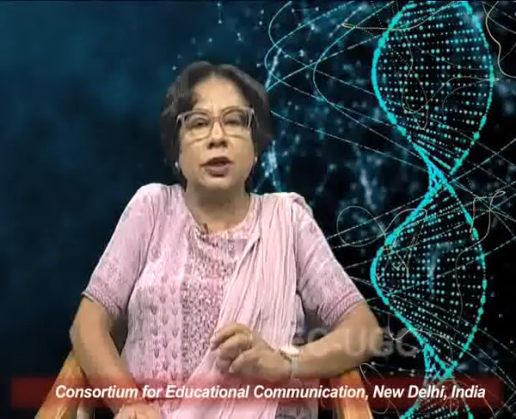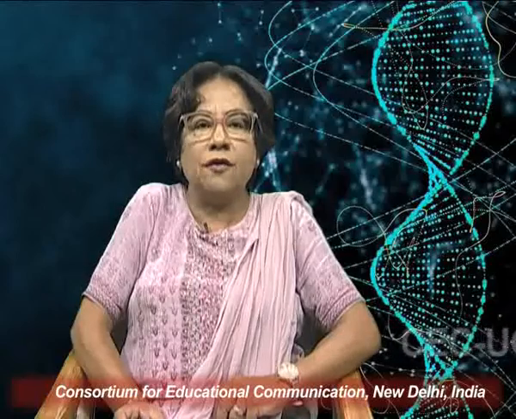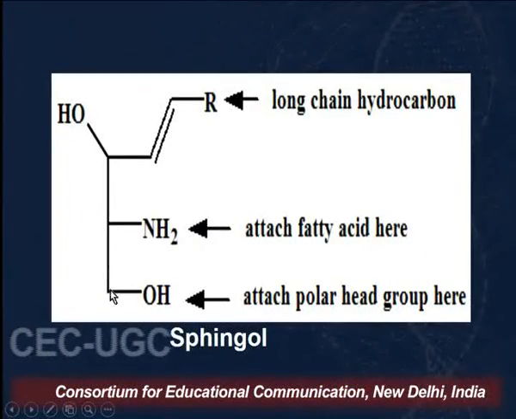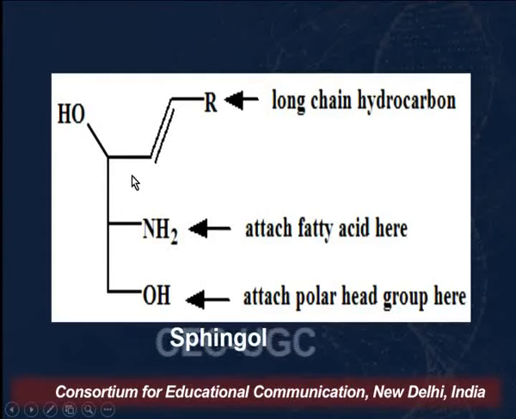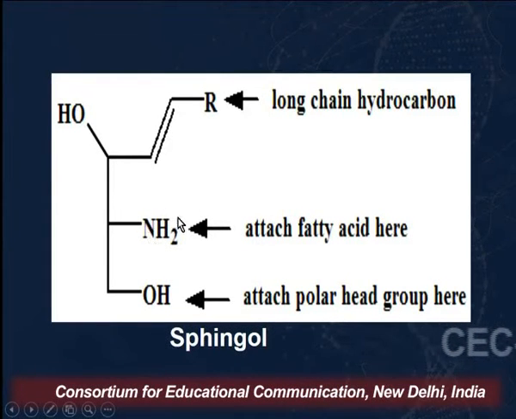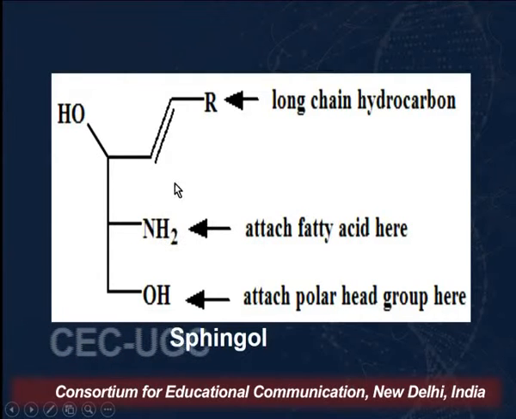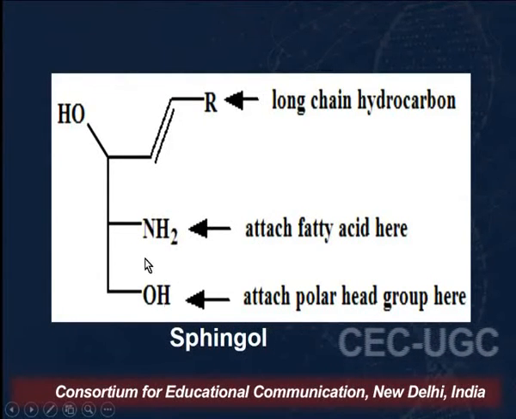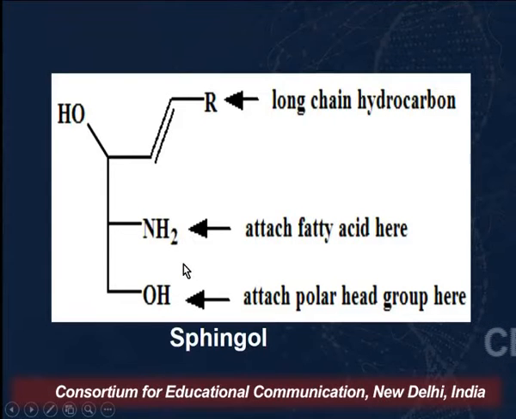So if you look into the structure, if this is the structure of sphingosine, we'll find that this amino group will react with a fatty acid and an amide linkage will be formed here. And this OH group will also take part in the reaction.